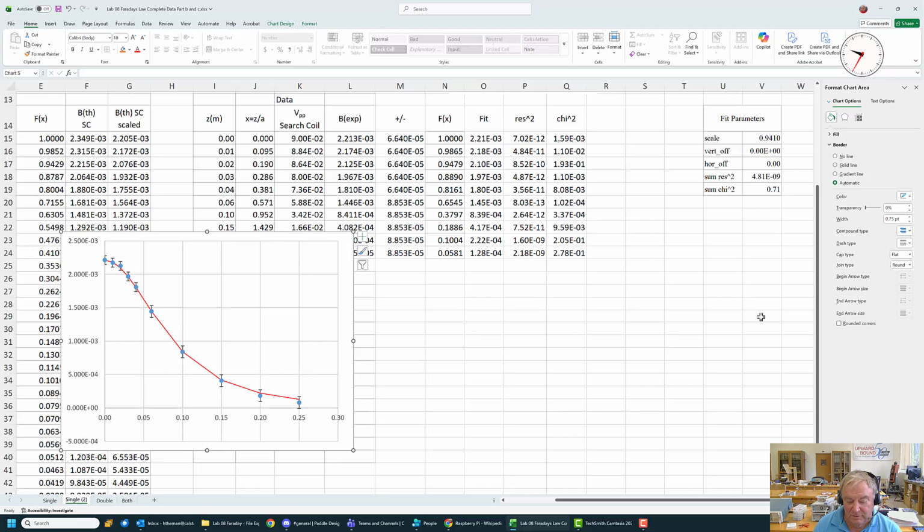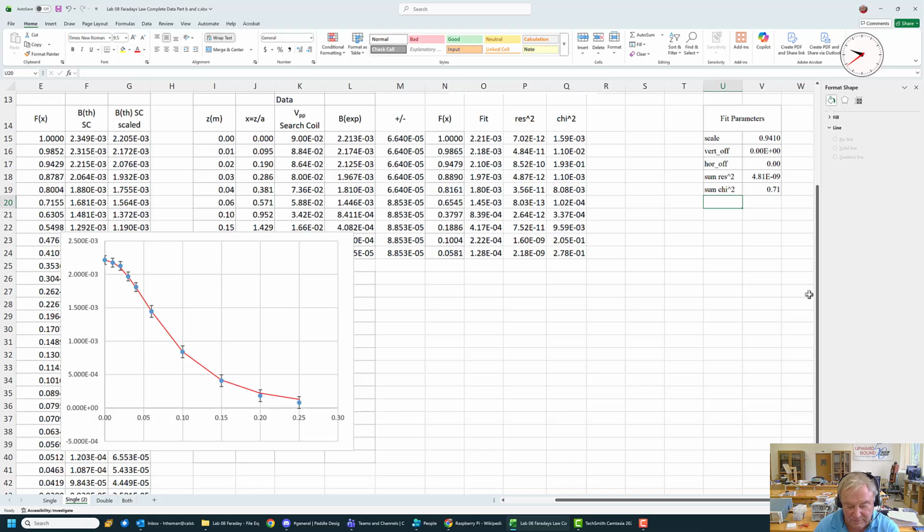Okay, so now what we're going to do is the R squared test. And what we need is the sum of SS total. And for the life of me, I can never remember what that stands for.